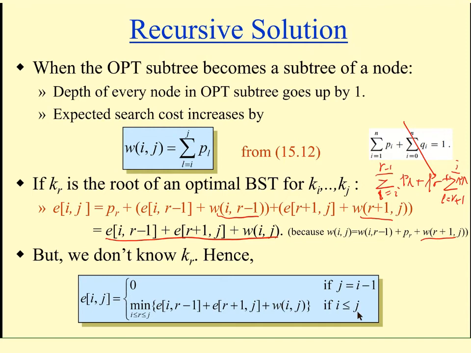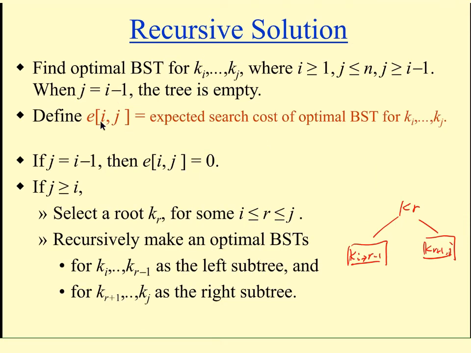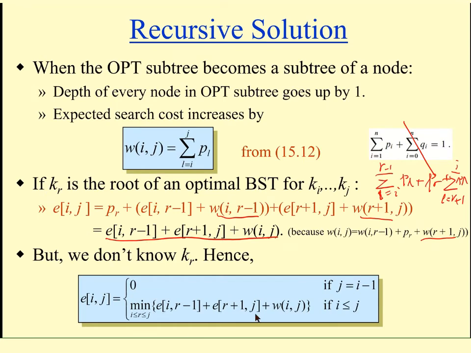But this one we already mentioned before, it also allows j to be less than i. So we put this bottom case in the equation as well. If j is equal to i minus 1, then it's 0.